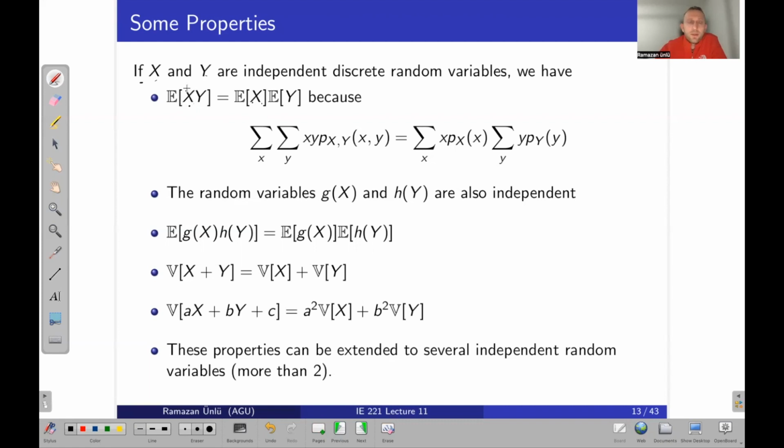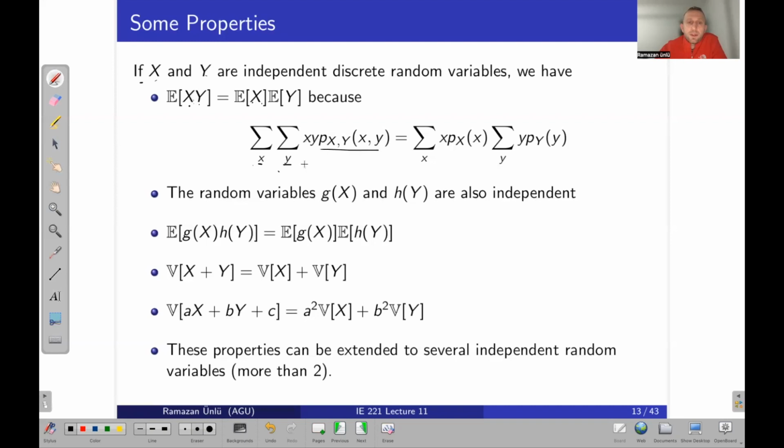To calculate the expected value of X times Y, I have to sum X times Y over each pair, with the corresponding joint probabilities. So it is actually two summations, one over X and one over Y, going through all possible X and Y pairs. I have to multiply by the corresponding probability, and because we have two random variables, we need to consider the joint PMF.